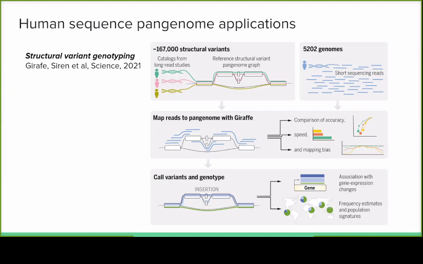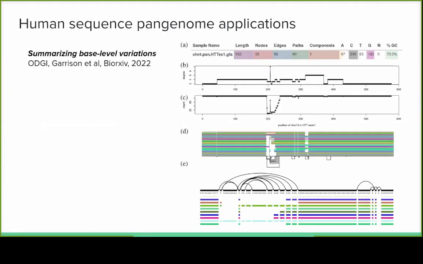I will not go too long on those slides because these are the typical applications of pan-genomes I speak about. So this giraffe, just a highlight from last year in terms of genotyping variations. Tomorrow you will most likely hear about ODGI from Eric, which is a framework for constructing and also representing base level variations in pan-genomes using variation graphs.